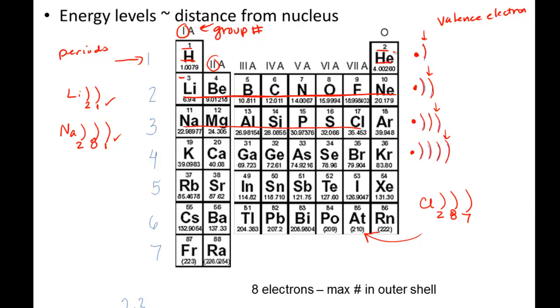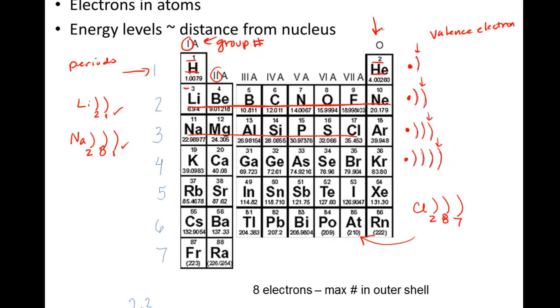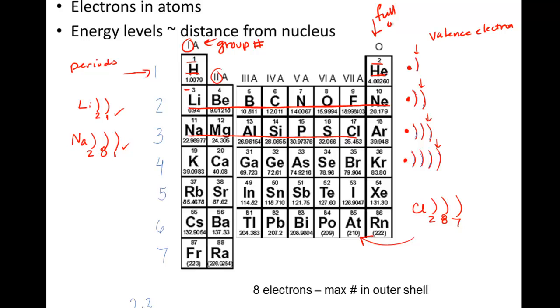If we look at helium, neon, argon, and so on, we have what we call full outer shells. For helium, we've got 2 electrons in that outer shell, and that's all it can hold. For neon, we have 2 and then 8. For argon, we have 2, 8, and 8. And 8 electrons in an outer shell is called an octet.